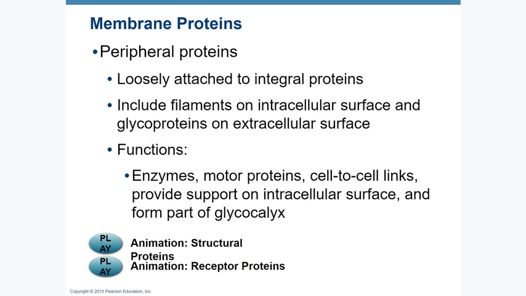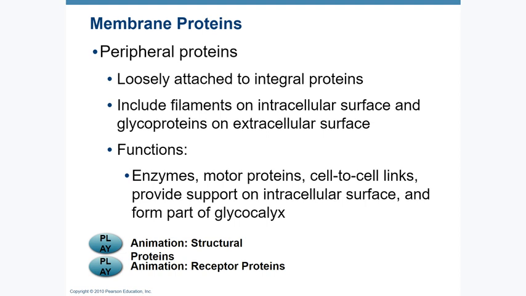We also have peripheral proteins, just like peripheral vision. They're loosely attached to an integral protein. They include filaments on the intracellular surface and glycoproteins on the extracellular surface. They can either be enzymes, motor proteins, cell-to-cell links, which we'll talk about a little bit later, provide support to an intracellular surface, and form part of the glycocalyx.